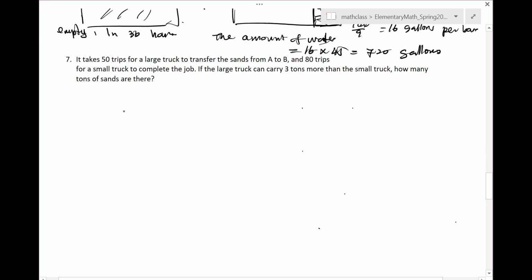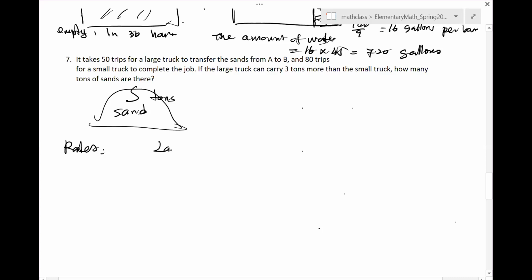We don't know how much sand there is, right? So this is the sand. Let's call it S, S tons. So we know the rate. How many tons of sand can the larger truck carry? So we compare their rates.